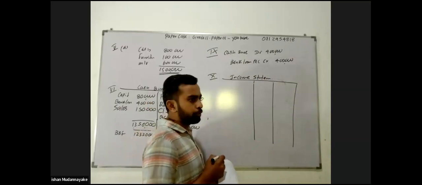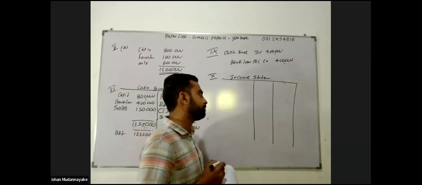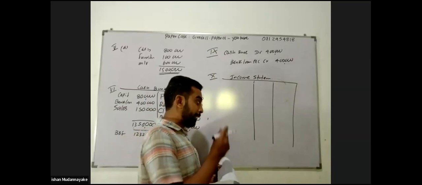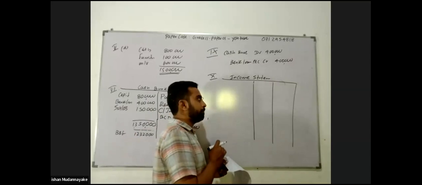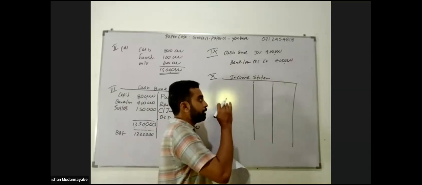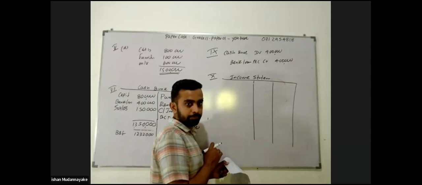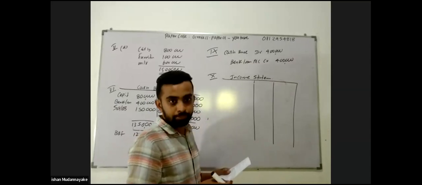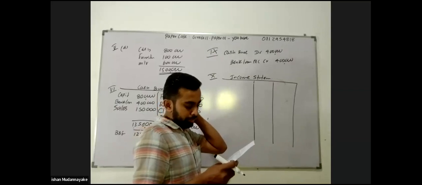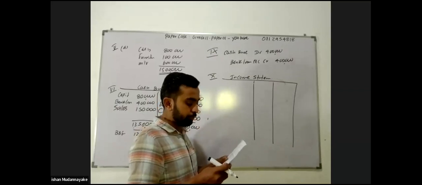Depreciation and bank loan interest must be calculated only for that month. Relevant expenses and income for that period should be recorded. Please focus on the time period.